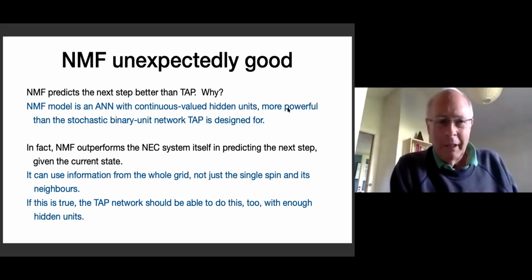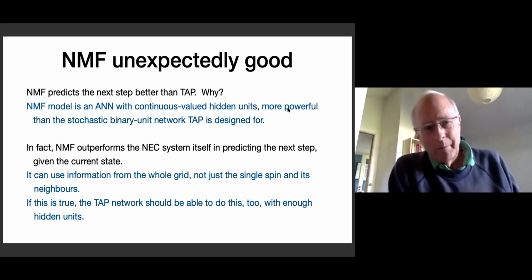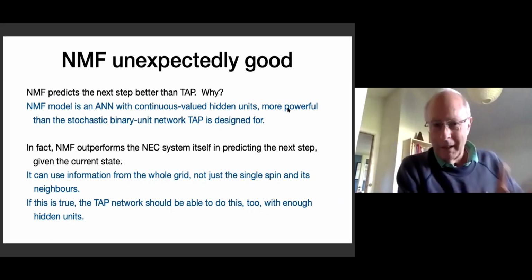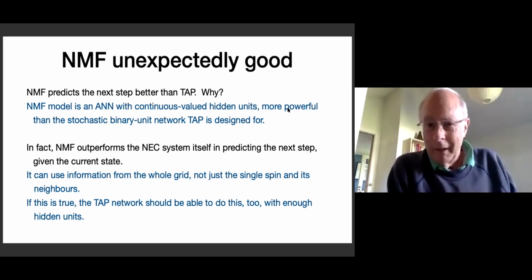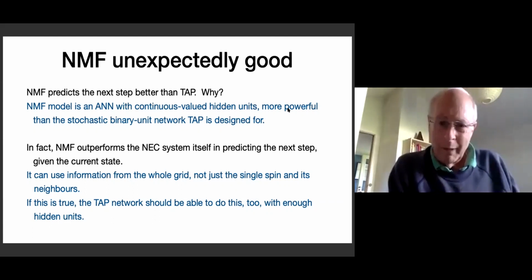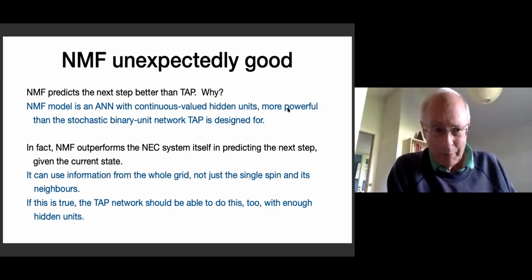I'm not sure I really understand that, but I think it may come from the fact that the network can get information from the whole grid, and that's statistically more informative about the next step than just knowing the neighborhood, which is what the NEC model itself had.